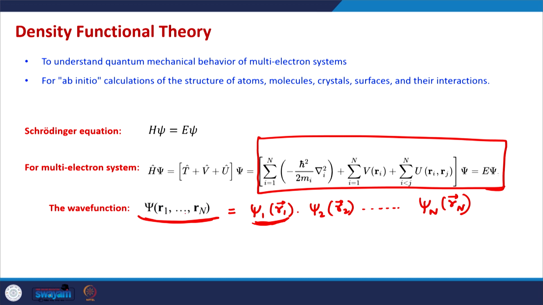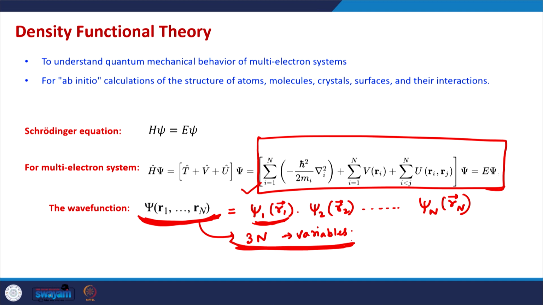And this n-electron wave function is a function of 3n variables now, and that's a problem actually. So in multi-electron systems, this Schrodinger equation involves a wave function that is a function of 3n variables.